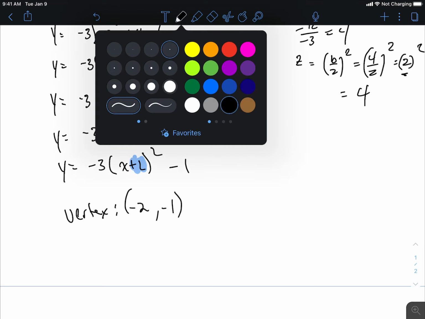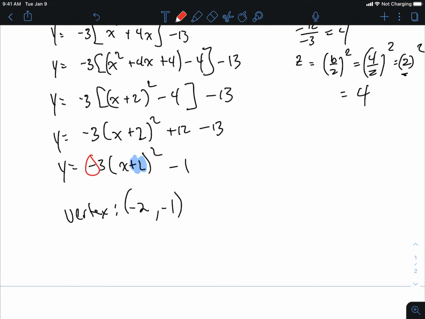Well, the direction of opening is down, which must mean the parabola looks like this, which must mean it has a maximum. So you have a max of the y value, -1, when x equals -2. Done. Sorted. 10 out of 10.